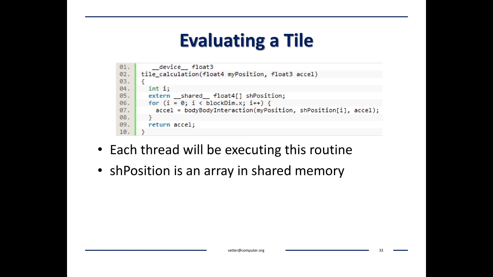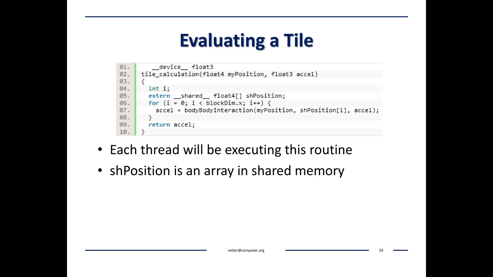But when you're evaluating that tile, as I said, what you're going to be doing is pulling data into the shared memory. Each thread's going to be executing this particular routine right here, and that's the tile calculation. The shared position is an array in the shared memory, and if you look at that, what you see here is your tile calculation, and then you've got extern shared float shared position.